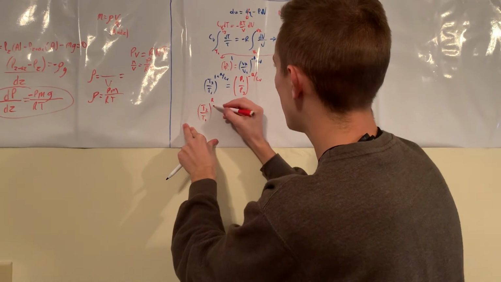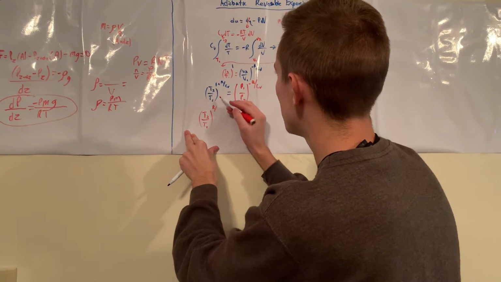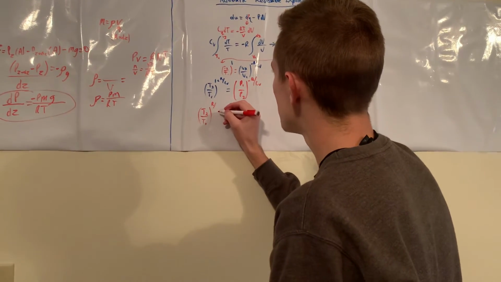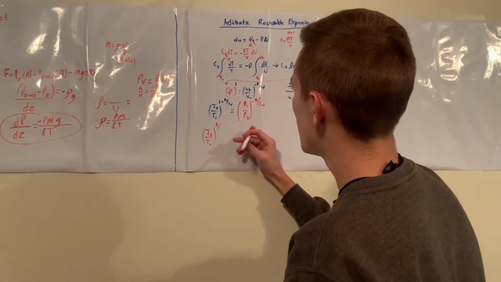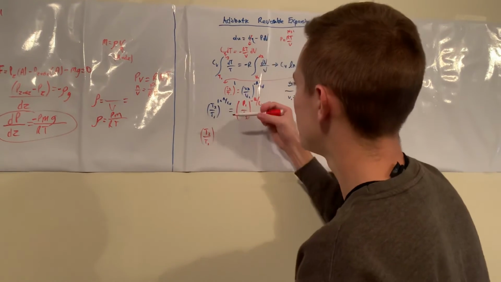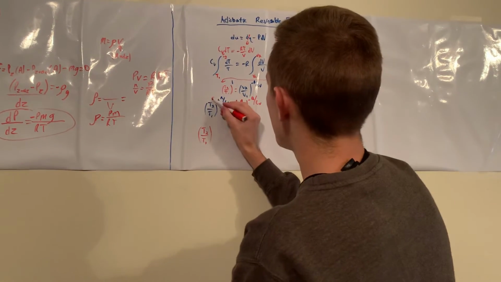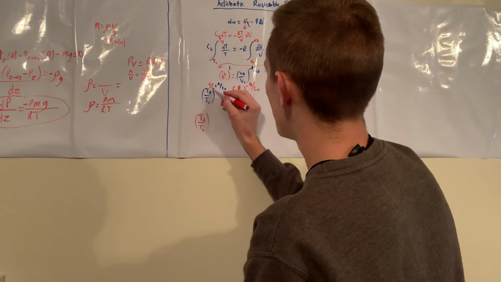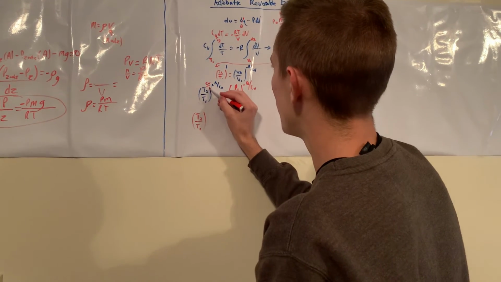So it's the CV power, so CV over 1, basically.